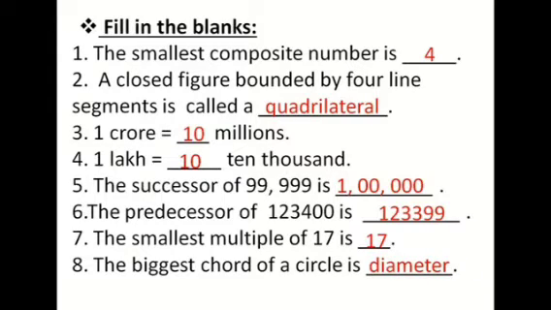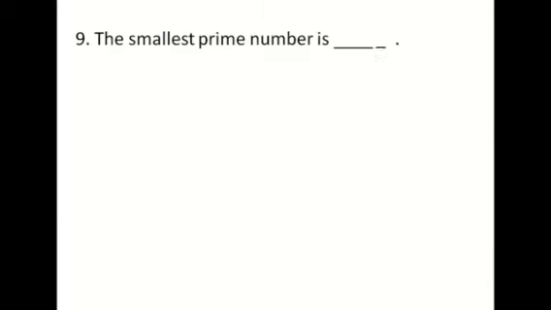The biggest chord of a circle is diameter. So please complete it. Next one, 9th. The smallest prime number is. What is that? It is 2.